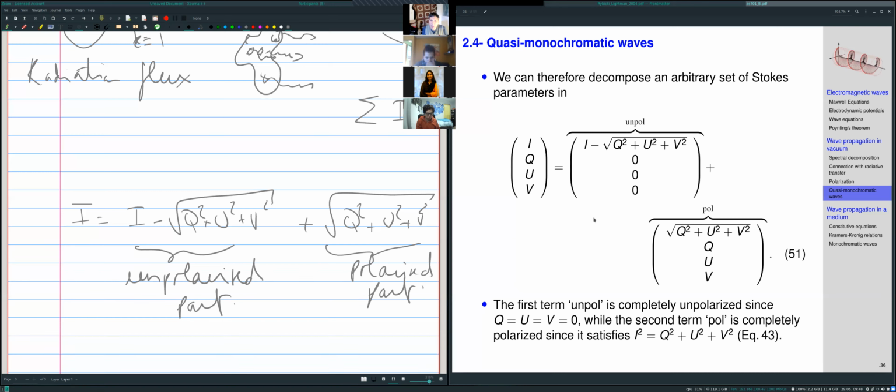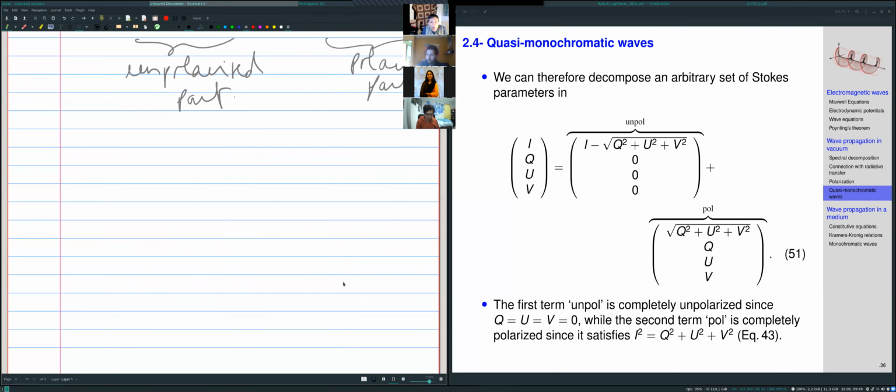And this is very well explained, I'm pretty sure, in the textbook. And it is crucial for astronomy, of course, because we learn from the polarization. The polarization of the wave is important to learn about the physical processes.